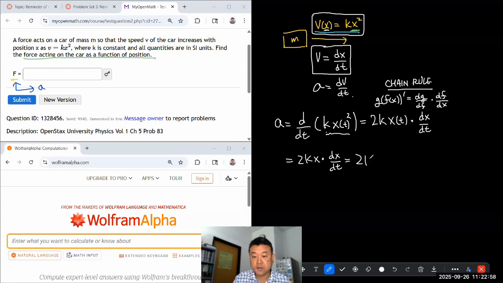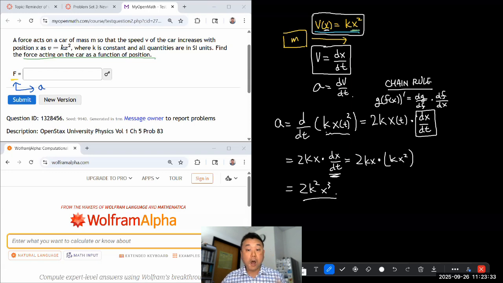Plugging that in, you get 2kx times kx squared. Just algebra. I think you do something similar when you take implicit derivatives and all that. But it comes down to, it helps to write it down, even the things you don't know. Then you might be able to recognize something that you actually know. So simplifying this algebra, I get 2k squared times x to the third power, and that should be the correct answer.